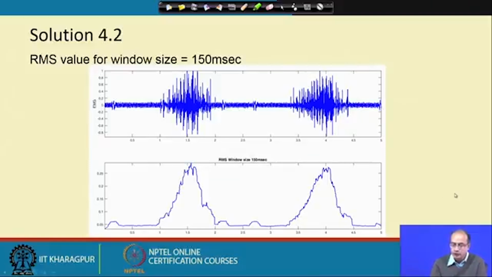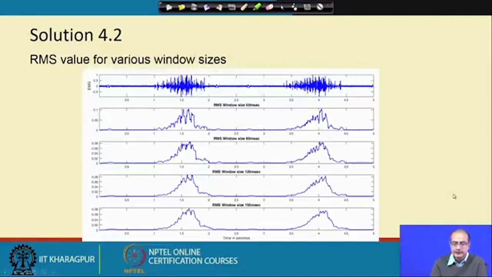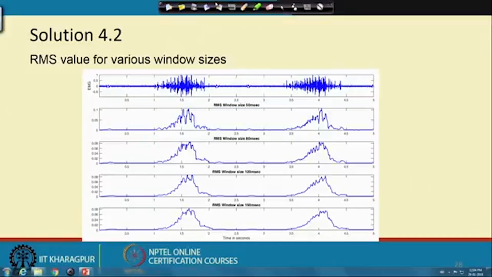Now, we go for a comparison of all of them together. Here we put all of them side by side, first starting with the EMG signal, then 50 millisecond, 80 millisecond, 120 millisecond, 150 millisecond. As the window is small, it is fast in responding to the small fluctuations.